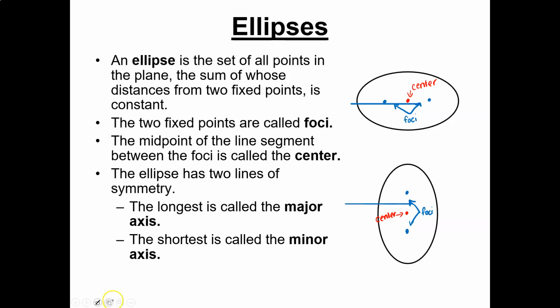And you also have two lines of symmetry. You have what we call a major axis, which is your longest line. So this would be your major axis of symmetry. And if it's a tall ellipse, that would be your vertical line.